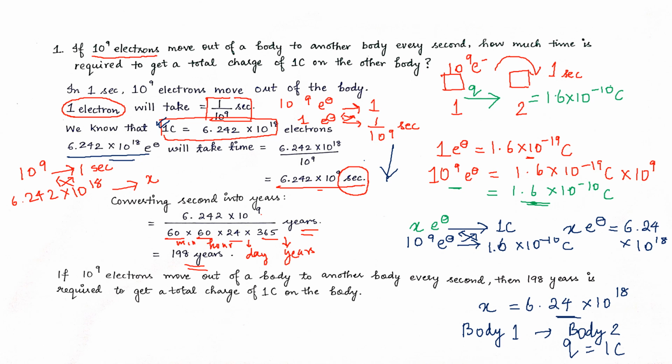As we have studied while reading about charges, in our electronic devices we use microcoulomb or millicoulomb. We never use coulombs, because it is a very huge amount.